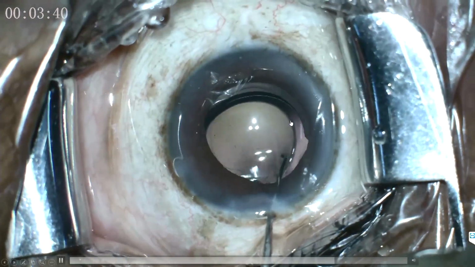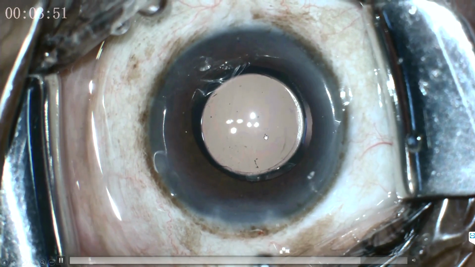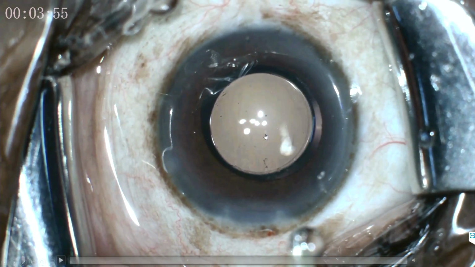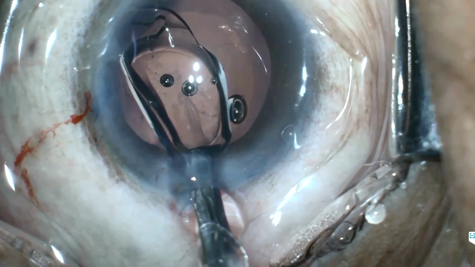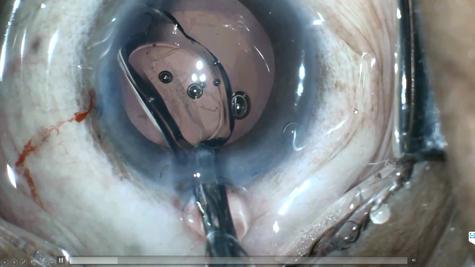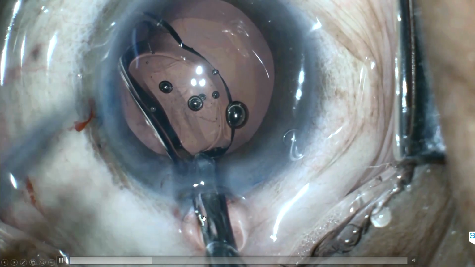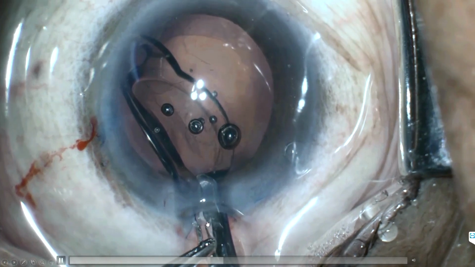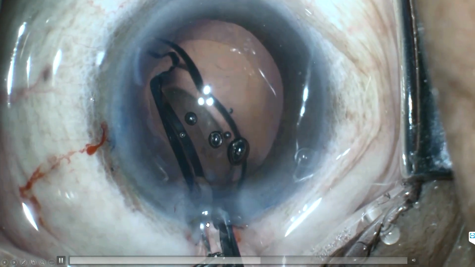I always keep the lenses vertically, that means the haptics one at 12 o'clock and one at 6 o'clock. We found the least amount of dysphotopsia with this position. Sometimes the haptic gets stuck in the cartridge. Don't retract the plunger.